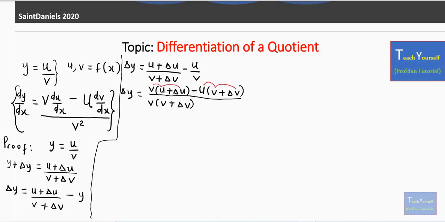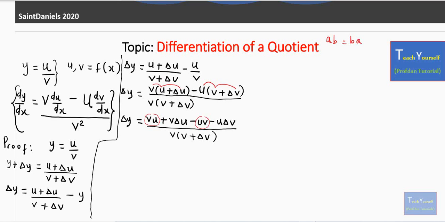So by that, we can have our change in y equal to, and with this result, the term here vu and the term here uv are the same thing. Remember, ab is the same thing as ba.